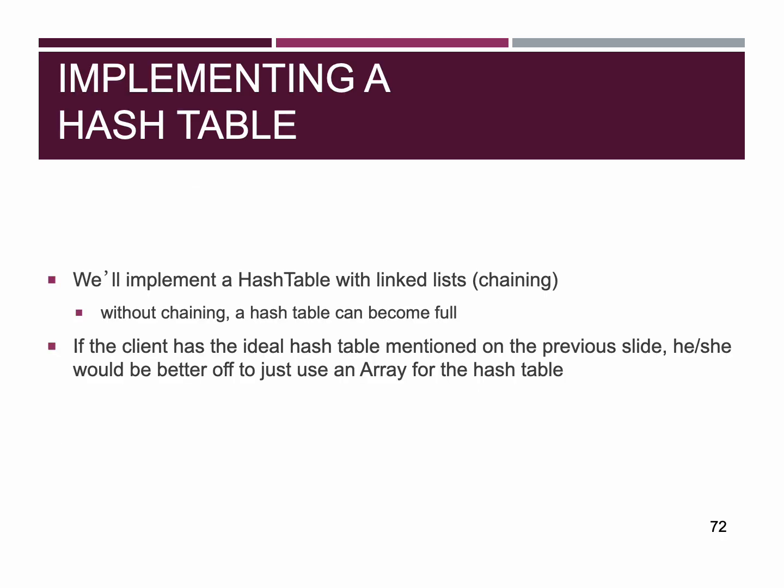Okay, so let's talk about implementing a hash table, specifically one that uses linked lists or chaining to handle collisions. In this approach, each index in the hash table points to a linked list. When multiple keys map to the same index, each key value pair is added to the list at that index.